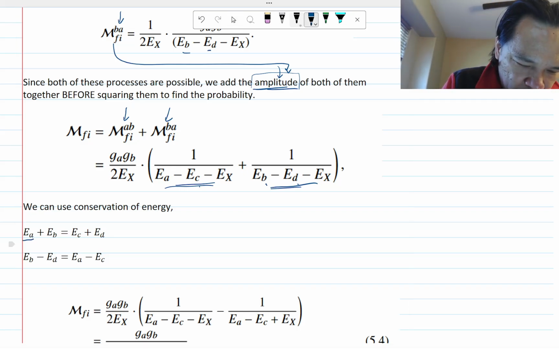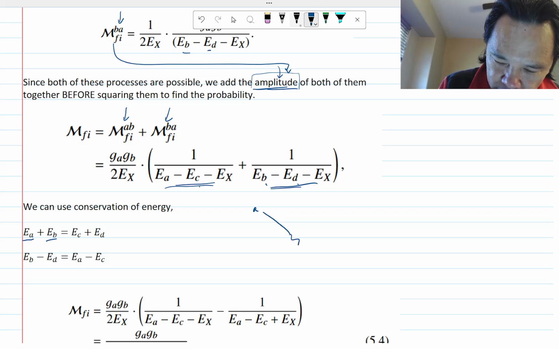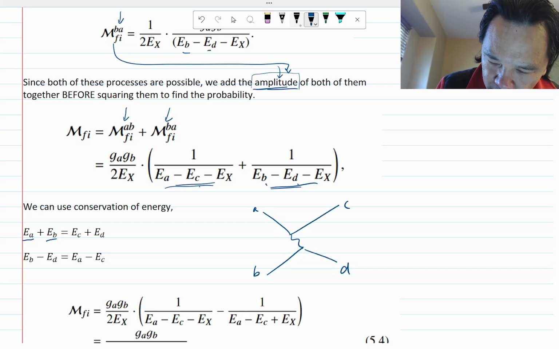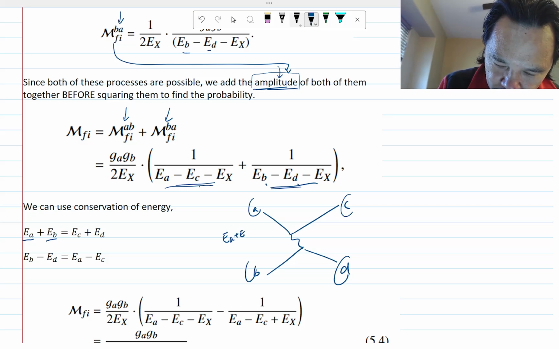Let's just draw that. A has some incoming energy, B has some incoming energy, and whatever comes out of C and D also has to have the same energy: energy C plus energy D.